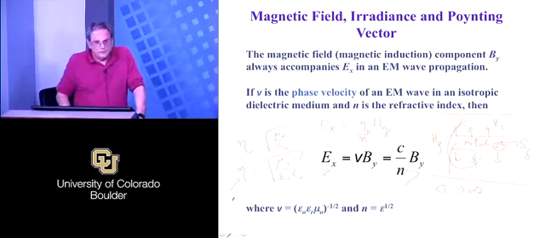So let's do that carefully. We talk about electric energy. The electric energy density looks like epsilon over 2 times the electric field dot the electric field. The magnetic energy density looks like mu over 2 times the magnetic field dot the magnetic field.